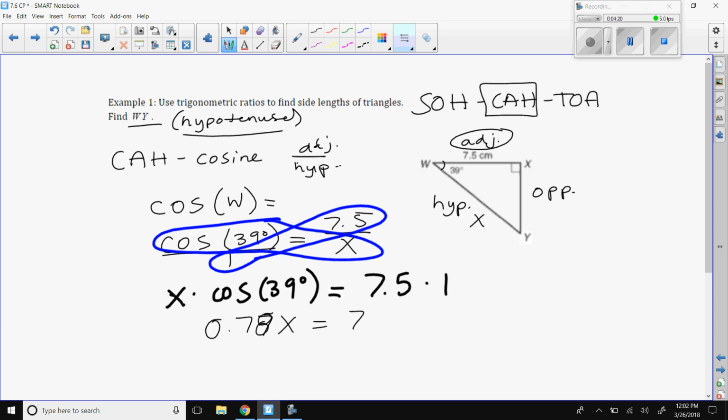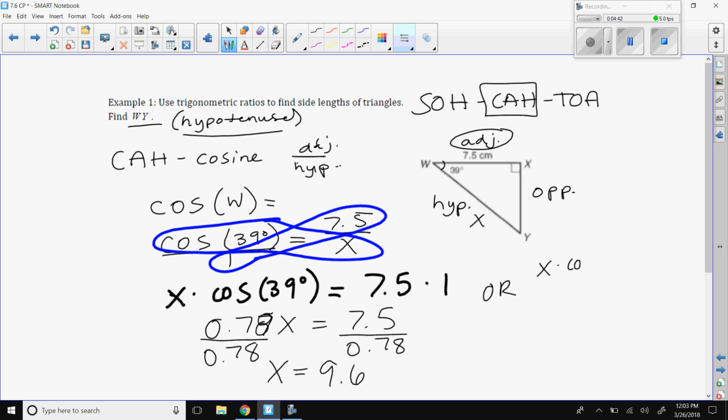X equals 7.5, and then I'm just dividing by 0.78. X is going to equal 9.6.